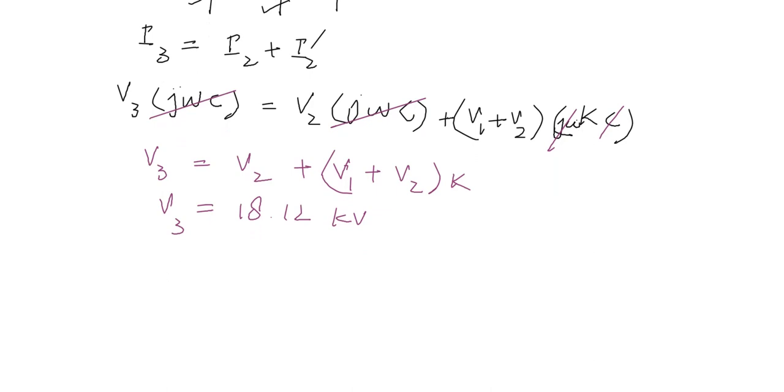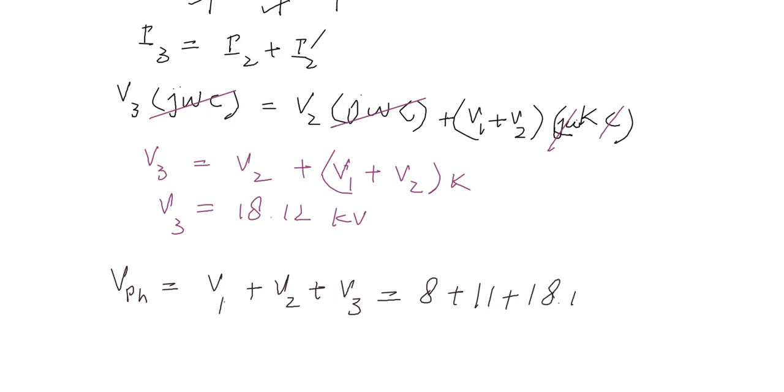Now, as we have found all the voltages, we can find the phase voltage, which will be equal to V1 plus V2 plus V3. After we plug in the values of all the voltages, 8 plus 11 plus 18.12, we will get phase voltage equal to 37.12 kilovolt.